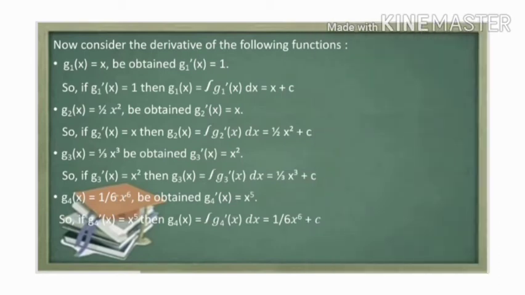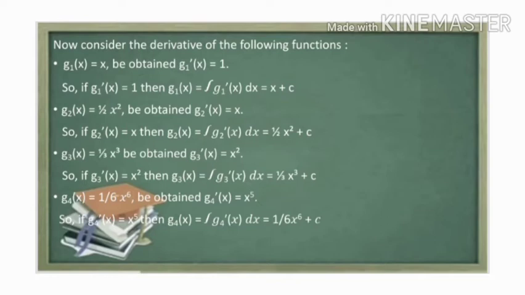Now consider the derivatives of the following functions. g1(x) equals x, we obtain g1'(x) equals 1. So, if g1'(x) equals 1, then g1(x) equals integral g1'(x) dx equals x plus c. g2(x) equals half x squared, we obtain g2'(x) equals x.